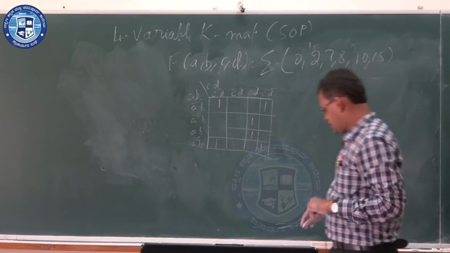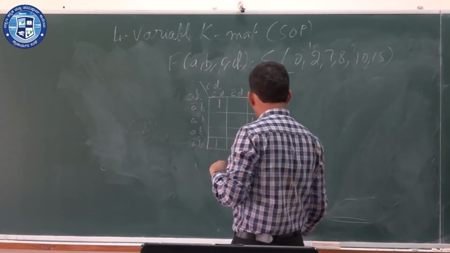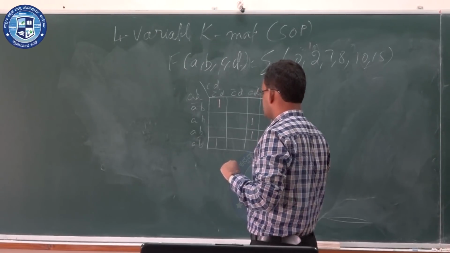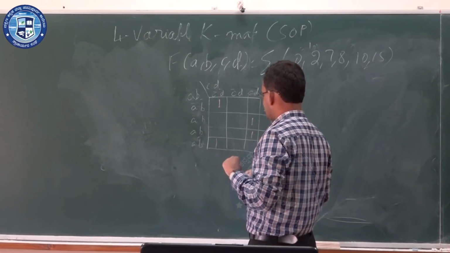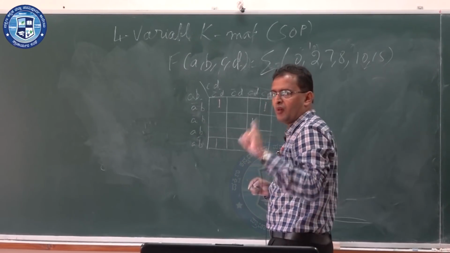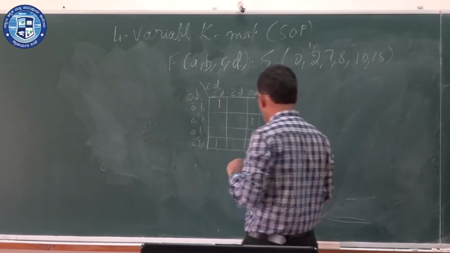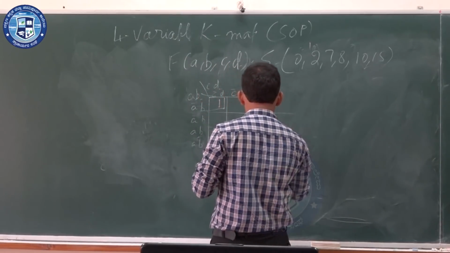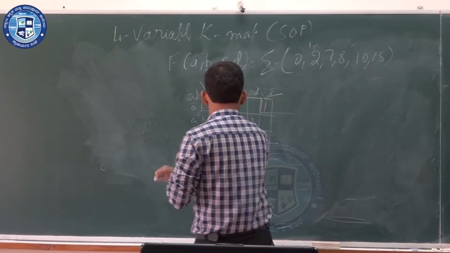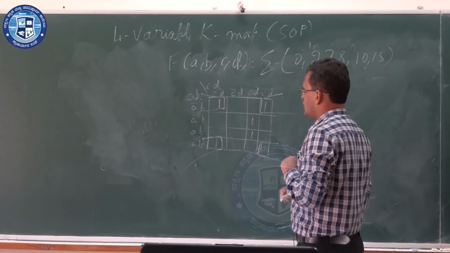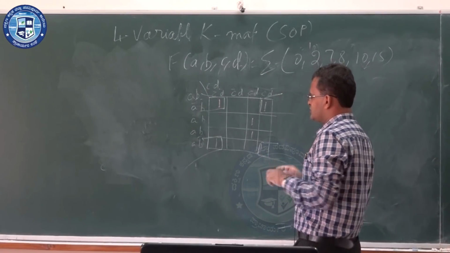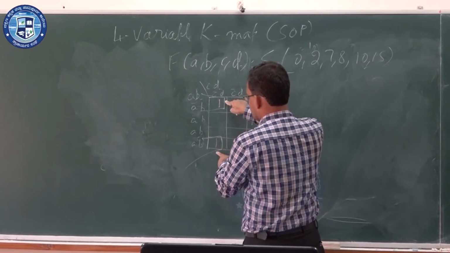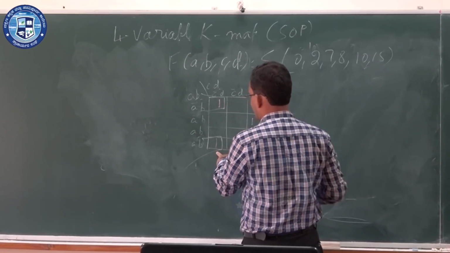I have two options. I can go for a grouping of 3 pairs, or I can go for 1 quad and 1 pair. I will go for that. For the 1 quad, I need to look at the first and the last row, that is A bar B bar and A B bar.